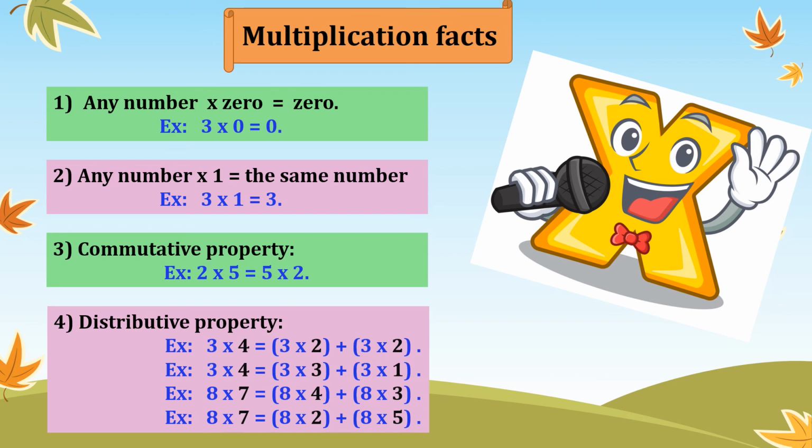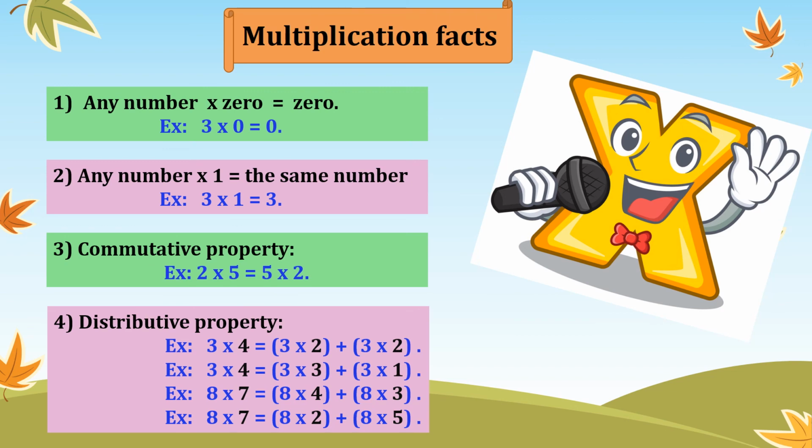So 3 times 3 plus 3 times 1. What else? I can split 4 into what? 4 and 0. 4 plus 0 equals 4. Okay, so it will be 3 times 4 plus 3 times 0.